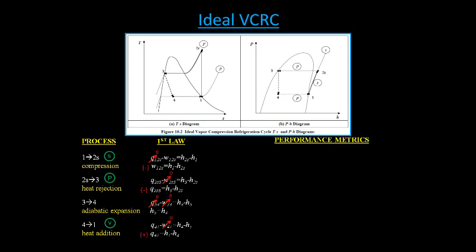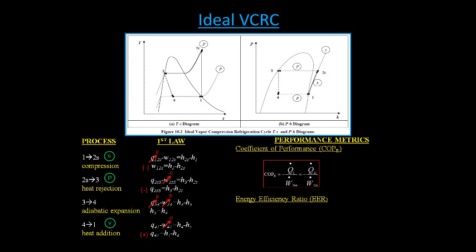Next, we'll look at our performance metrics for an ideal VCRC. Using the coefficient of performance from earlier in the lesson objective, we know that our coefficient of performance for a refrigerator is the negative of the heat transfer from the low reservoir to the cycle divided by the power applied to the cycle. We can rewrite this as negative heat transfer from state 4 to 1 over the power from state 1 to 2s.